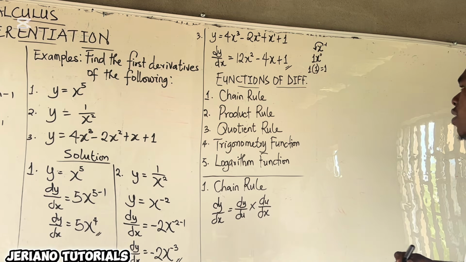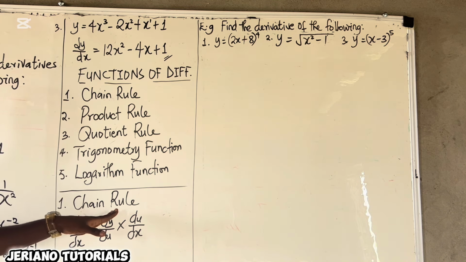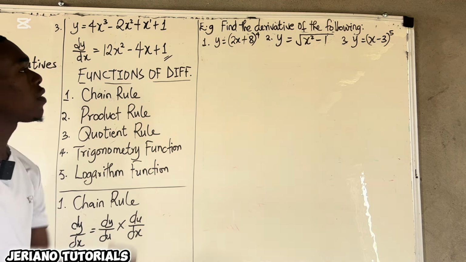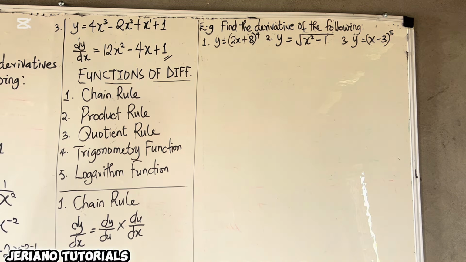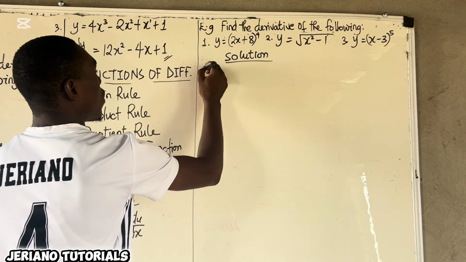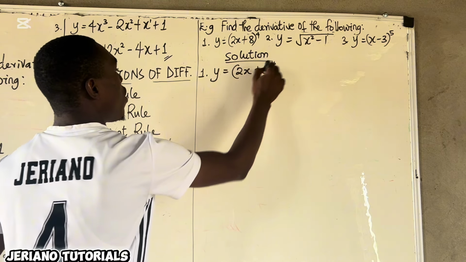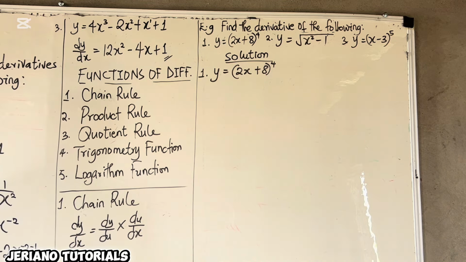Now let's pick some examples and expatiate on what I've just said. These are typical examples of chain rule. Find the derivative of the following. Number 1, y is equated to (2x plus 8) raised to the power of 4. To solve this, we are going to introduce u.